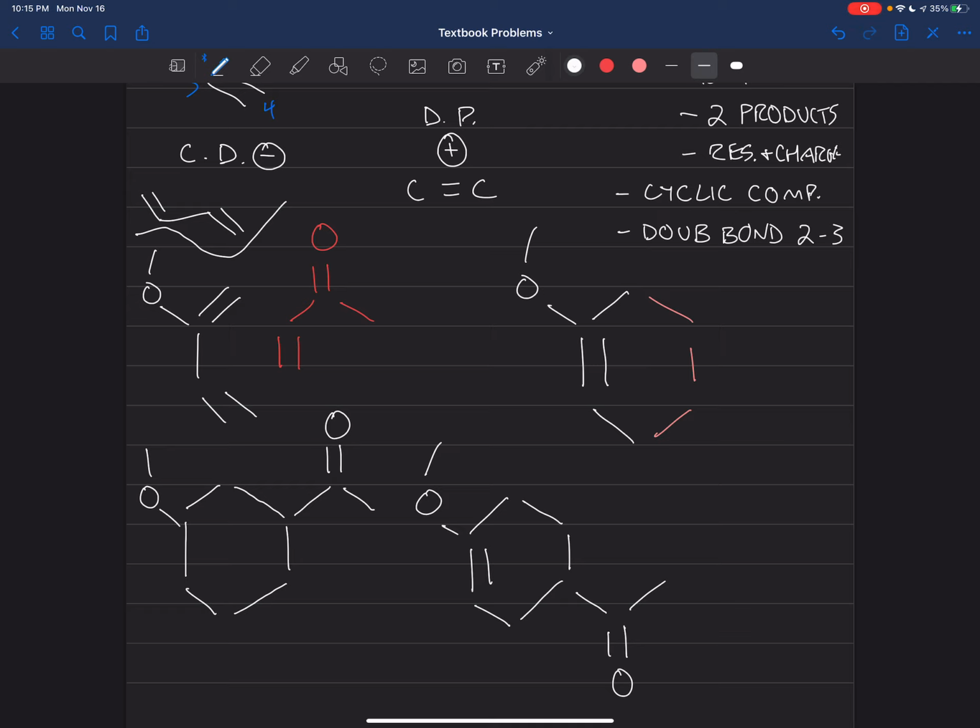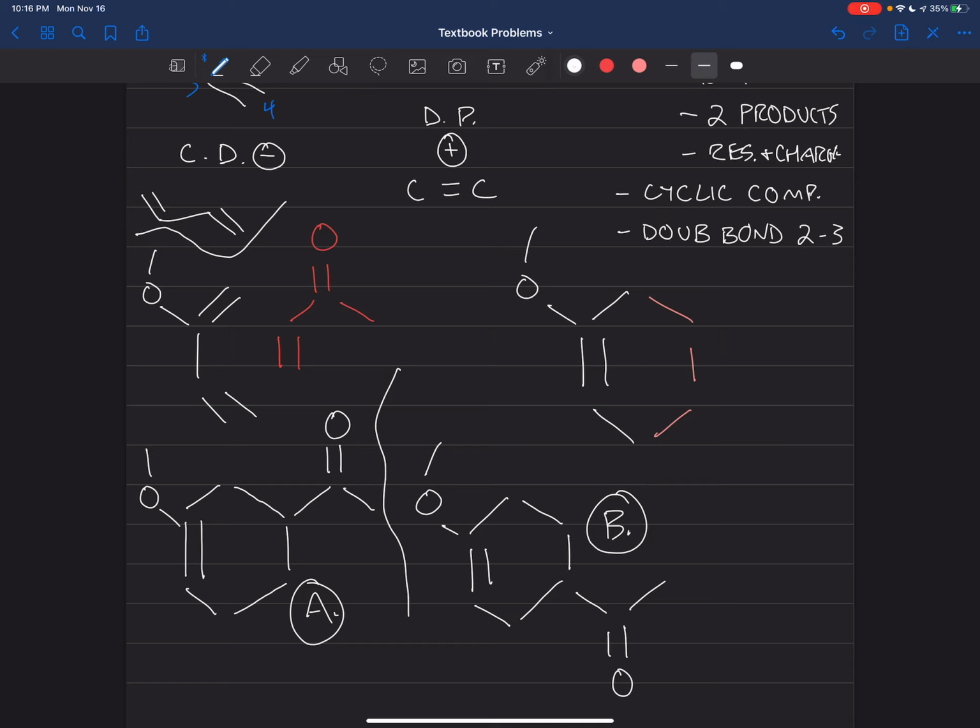Those are the two possible products, A and B, of this problem, okay? I'm sorry, I forgot to put the double bond in on this guy over here with the ring around the rosy. Those are our two possible products, and one of these is the answer, okay?